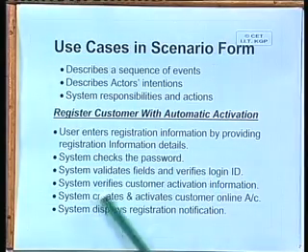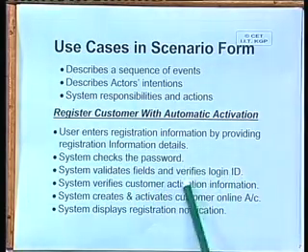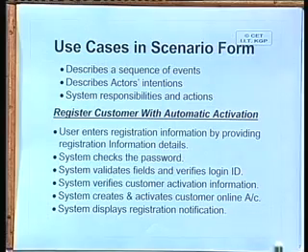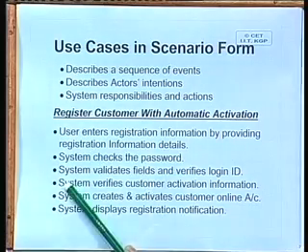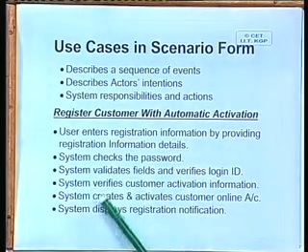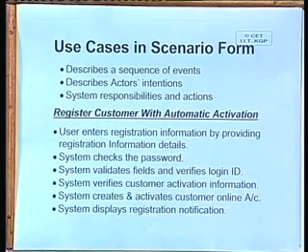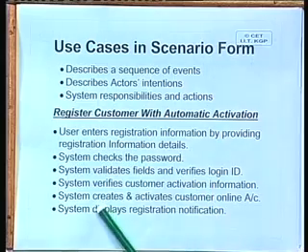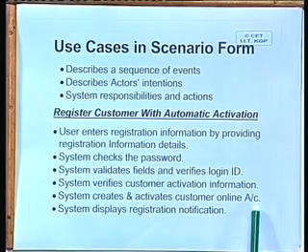Then the system would check the password, validate the fields, and verify the login ID and password. So the system also has certain things to do. Then the system will verify the customer activation information, whether the information is true. Maybe some cross referencing will be done. Then the system creates and activates the customer online account, and displays the registration notification. That means such and such customer has been registered.